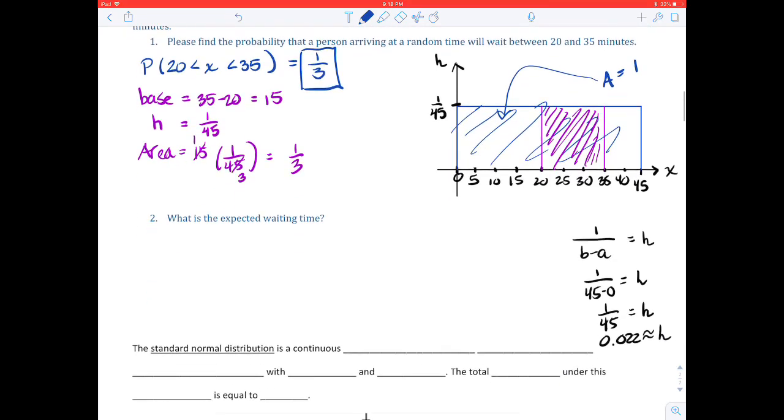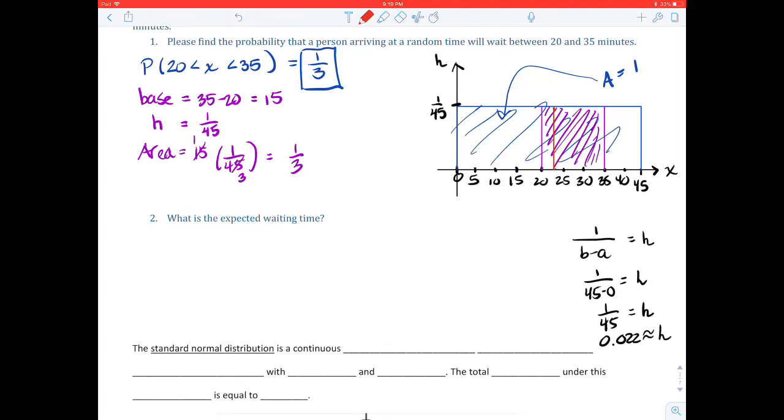Okay, so now let's see what we have going on. We want to know the expected waiting time. Well, gee, you have this rectangle. So wouldn't the expected waiting time fall in the middle? 50% of that rectangle would be exactly halfway in between. Do you see that? What we're interested in is the number of minutes that achieves the 50% mark, or the 0.5 area.